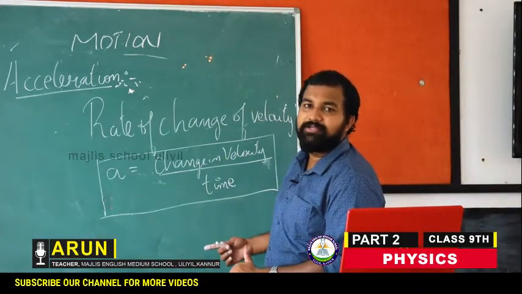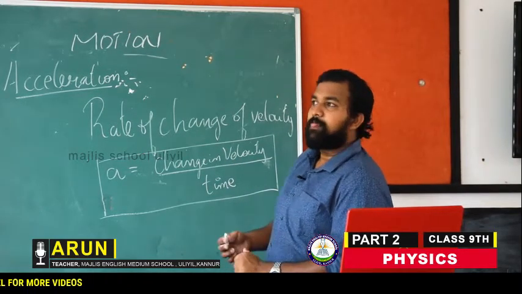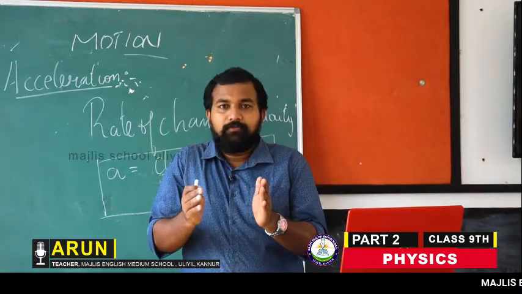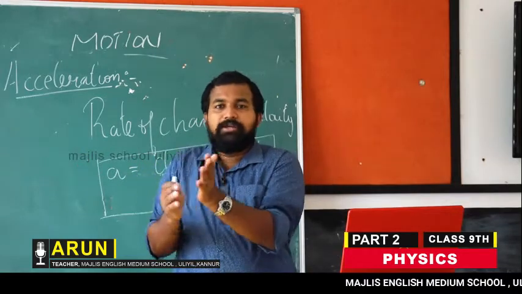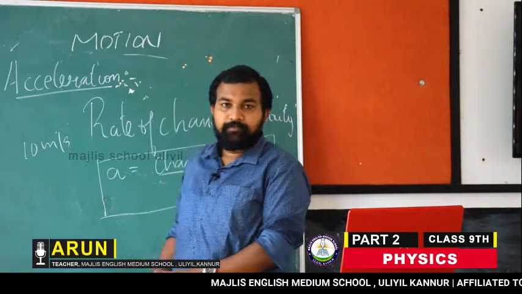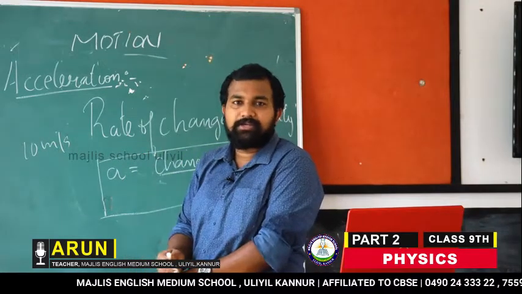So acceleration means rate of change of velocity. So what is happening? At one interval of time, the velocity will be this much. The body is moving with the velocity of 10 meter per second.